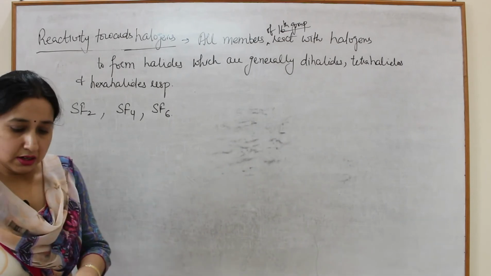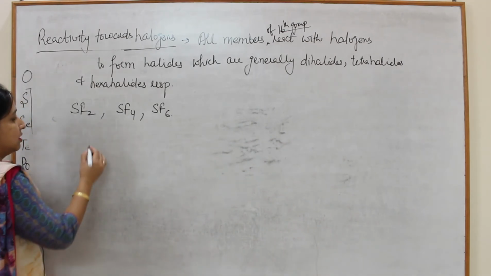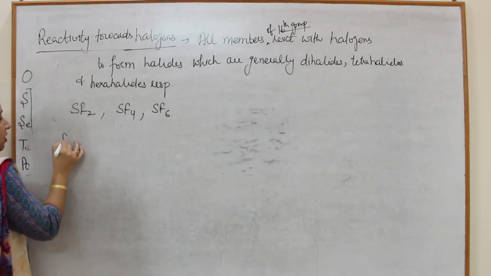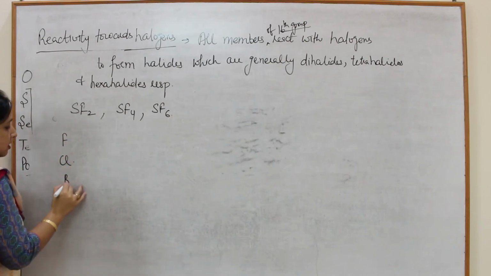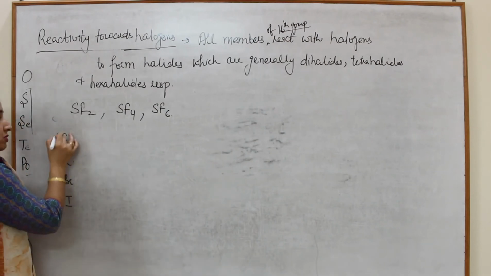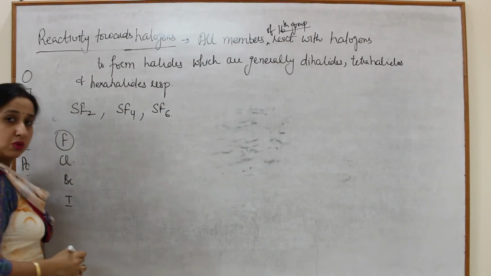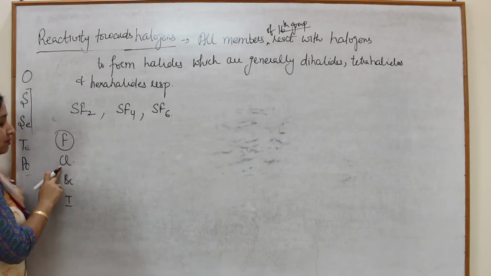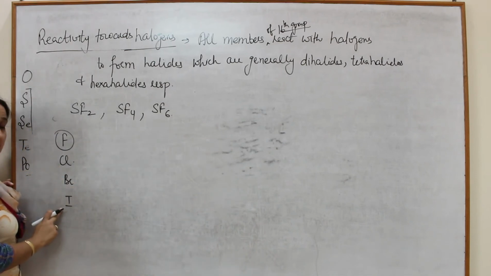Among these, the stability order, if we take all halogens, fluorine, chlorine, bromine and iodine, compounds of fluorine are most stable as compared to chlorine, bromine and iodine.